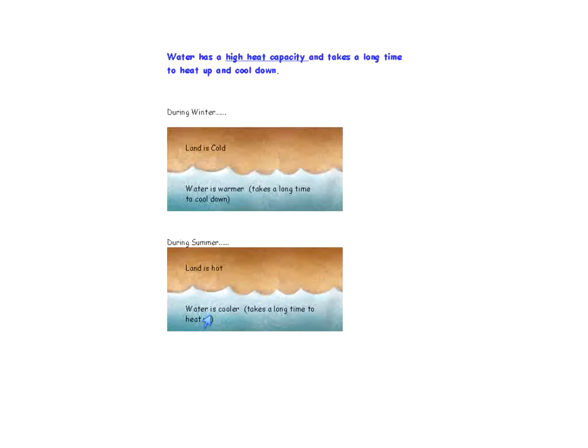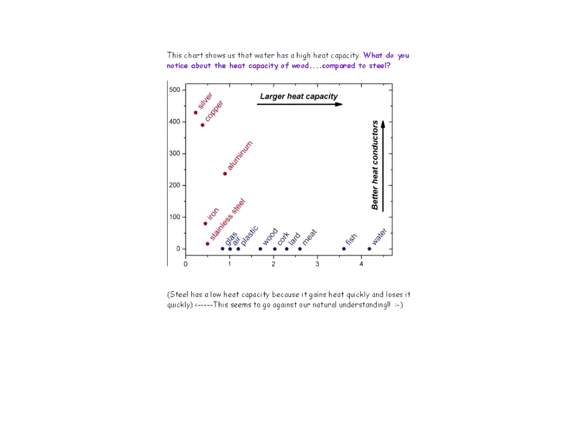When anything takes a long time to heat up and a long time to cool down, then it's got a high heat capacity. Okay? So if you think of water, that might help you remember what a high heat capacity is. And think about Vancouver, and that'll help you remember that water takes a long time to heat up and to cool down. So this diagram shows that water has a high heat capacity.